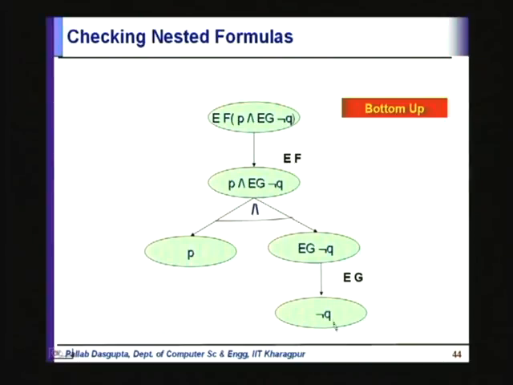We find the set of states satisfying not Q, then the set of states satisfying EG not Q, then the set of states satisfying P, then the set of states satisfying P and EG not Q, and then the set of states satisfying this property. That is the way in which we do it.